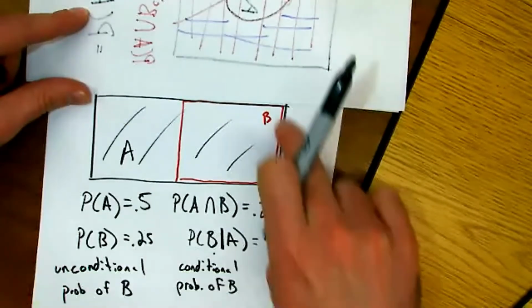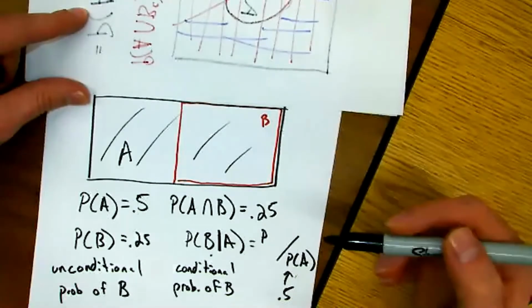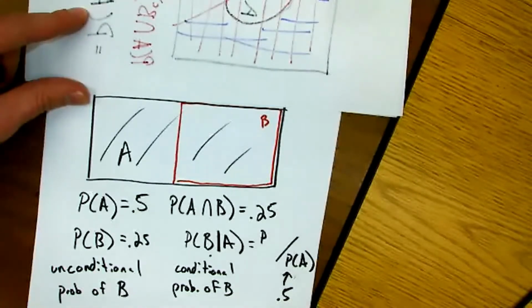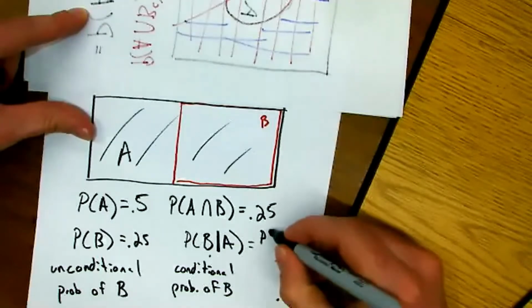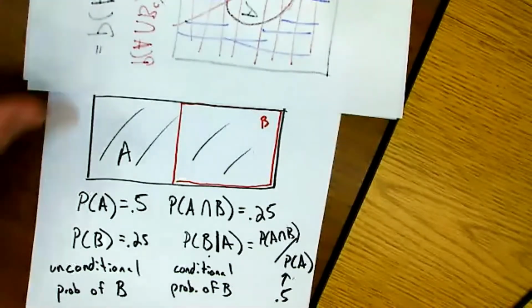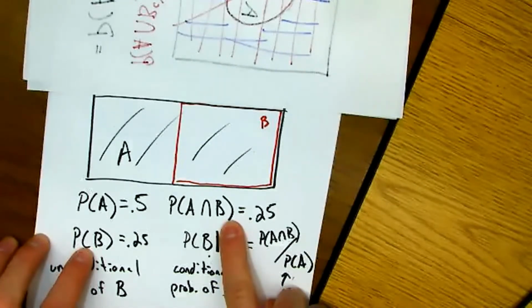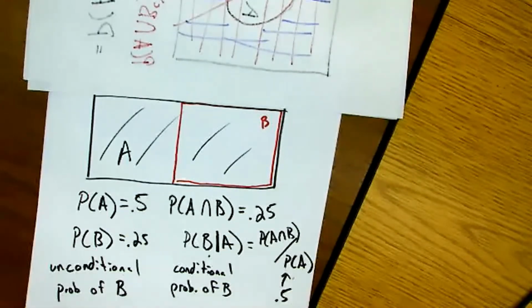Well, out of this entire space of 0.5, 0.25 of it would be that I end up in event B, which is really wherever the probability of A and B intersect. Okay? Now I drew this one as an extreme example so that all of B was within event A. So here it was kind of odd because the probability of B and the probability of the intersection were the same thing. Right?